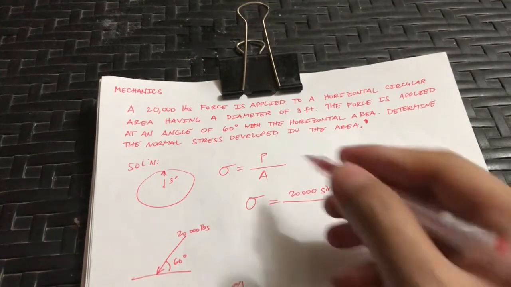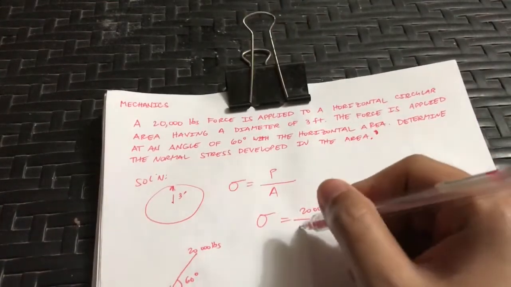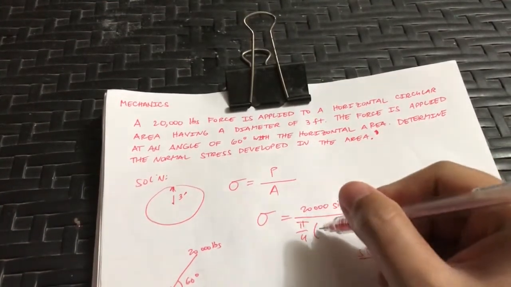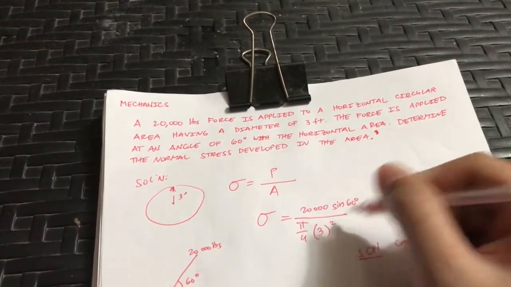All over the area, which is circular, so we have pi over 4 times the diameter of 3 feet squared.